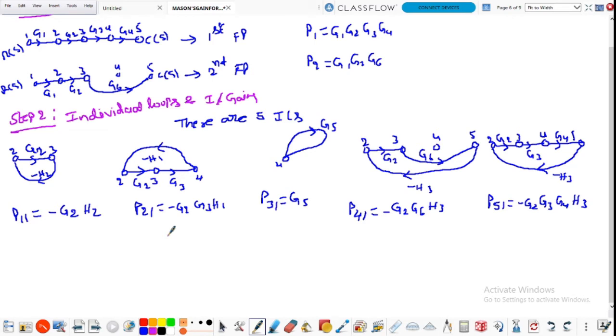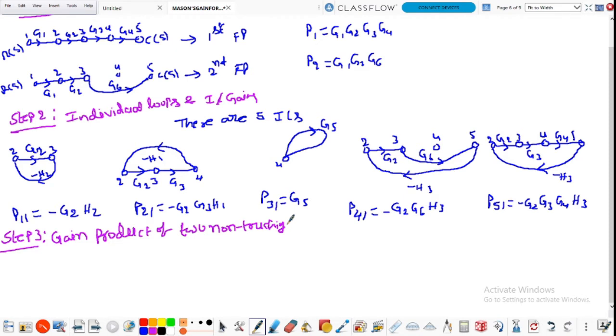Step 3: calculate the gain products of 2 non-touching loops.